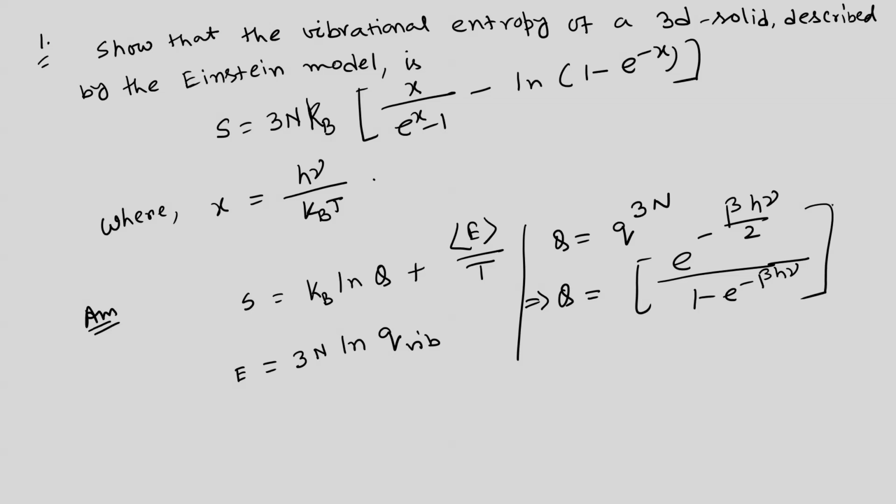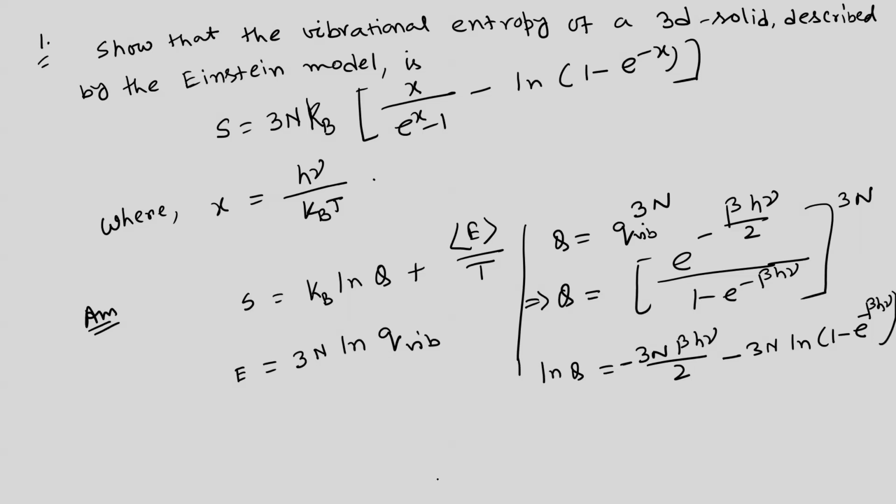That is small q or q vibrational here, and this is raised to the 3n. So, we write ln Q is minus 3n βhν by 2 minus 3n ln(1 - e^(-βhν)).